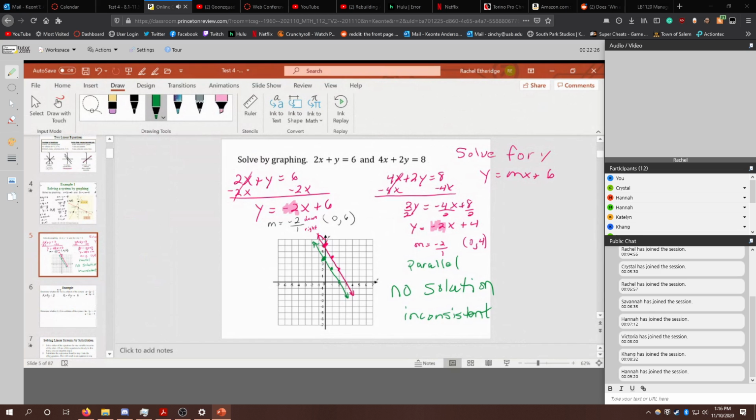Now, the other thing about solving for y, and this is just advice, you don't have to do it that way. But if you get one of those that have infinitely many solutions, you will get the exact same equation when you solve each one for y.